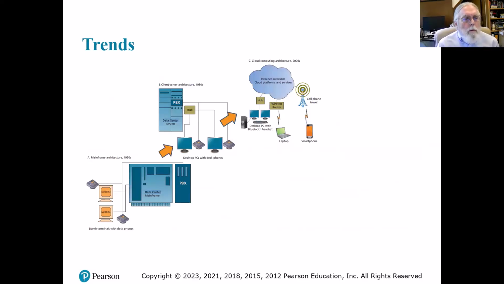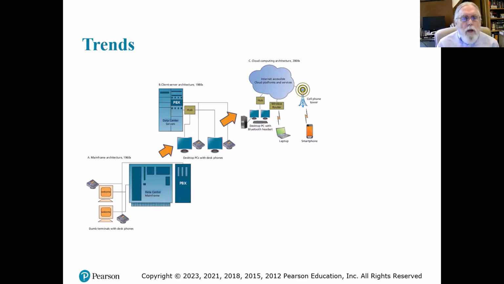So the trends, there's one thing that's true about the information in this course: the minute the publisher published the book, it was out of date. Things continue to change and evolve at a very rapid rate.